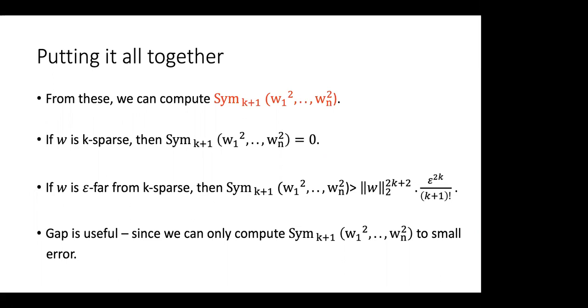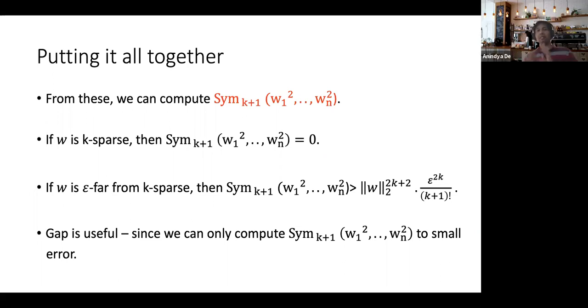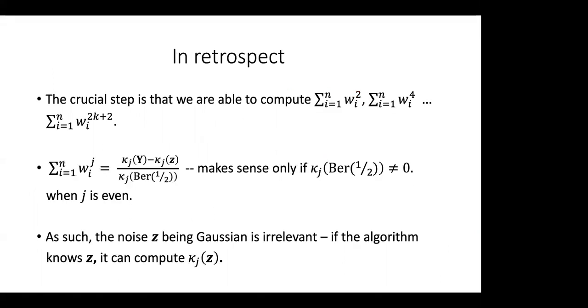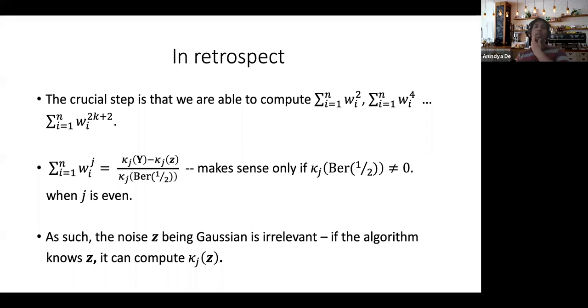4 minutes, okay. Let me just very quickly say what's going to happen in the Gaussian, how to generalize. Remember, the crucial step in all this was that we were able to compute the power sum symmetric polynomials in wi square. For that, what we did was kappa j of y minus kappa j of z. Kappa j of y we can calculate, and kappa j of z, when z was Gaussian, is 0.